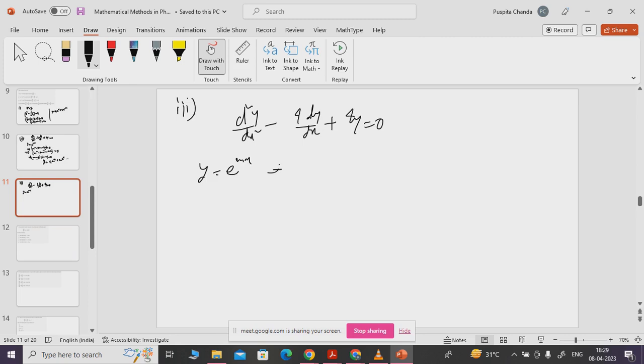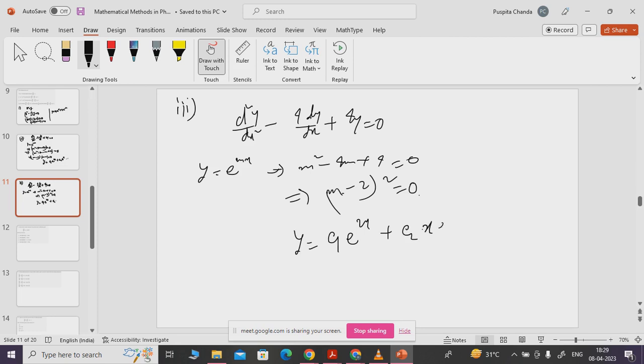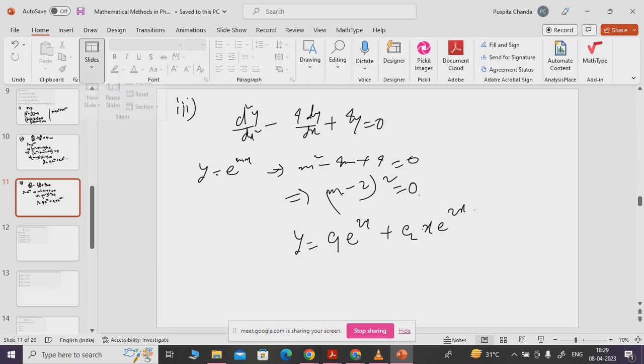Y is equal to e to the power mx will make m square minus 4m plus 4 is equal to 0, which is (m minus 2) whole square. We know if the roots of this equation are equal, then y is equal to c1 e to the power 2x plus c2 x e to the power 2x. So c is also true.